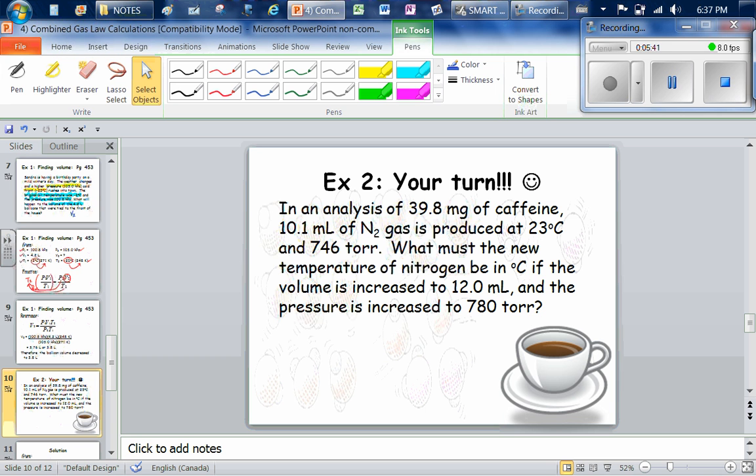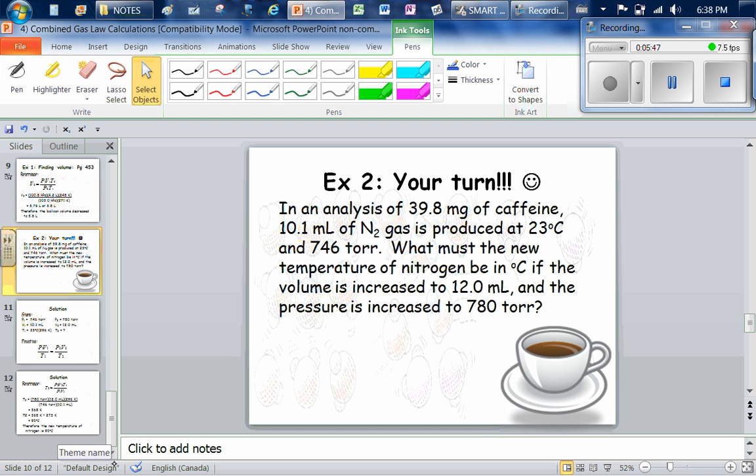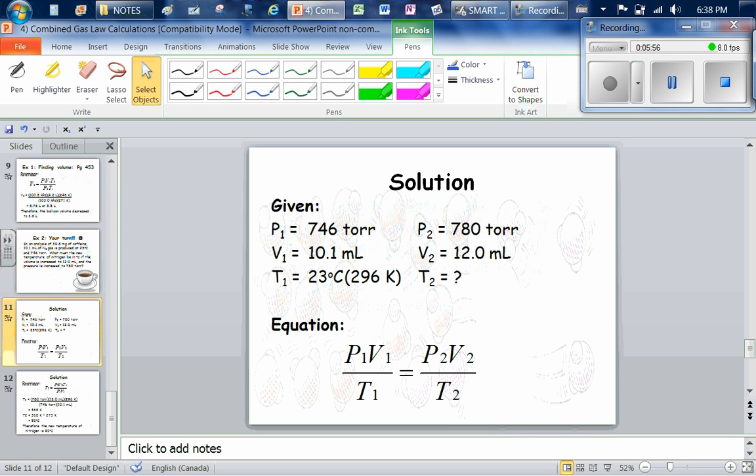I would like for you to pause it here and try this one, see if you can come up with the right answer. And once you do that, you can move on to your solution. Same idea. This one, you're looking for the final temperature, and you have to rearrange your equation.